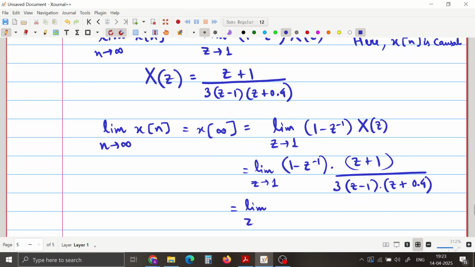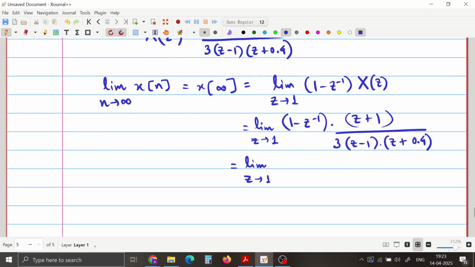Now I can rewrite this. I can multiply both numerator and denominator by z. So the 1 minus z inverse term becomes z minus 1 if I multiply with z, and accordingly I will also have to multiply with z in the denominator.